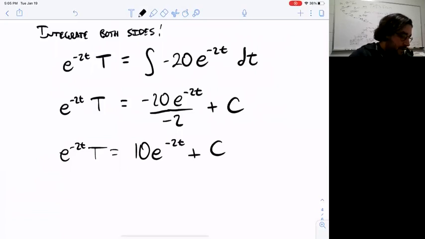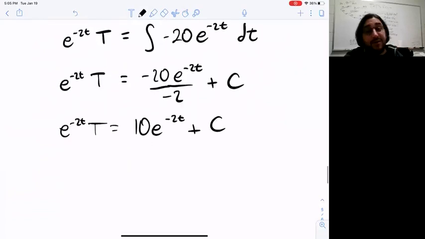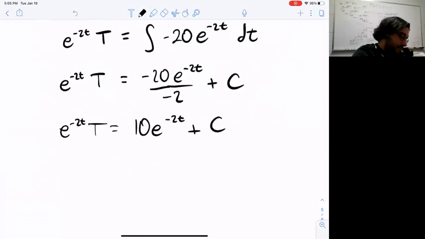Now, once again, you could stop here and you have an implicit solution, but it's not too much work to solve for big T. So let's get an explicit solution. Let's do a little bit of algebra to solve for big T. In particular, let's multiply both sides by e to the 2t, or divide both sides by e to the minus 2t, whichever way you want to look at it.